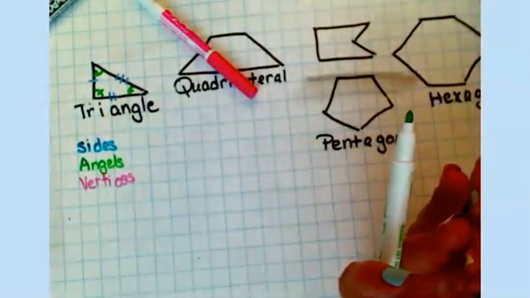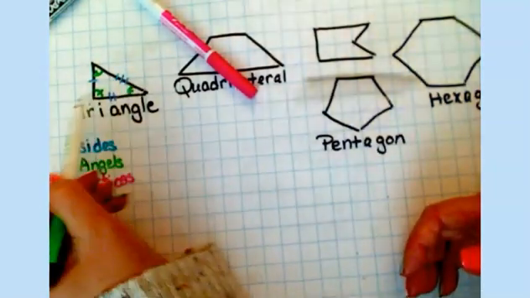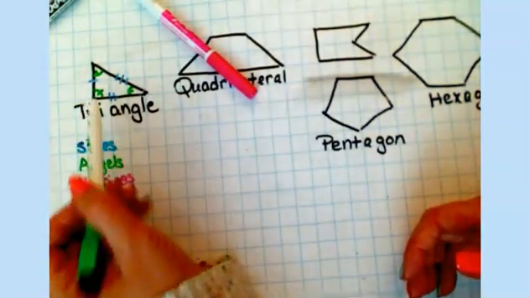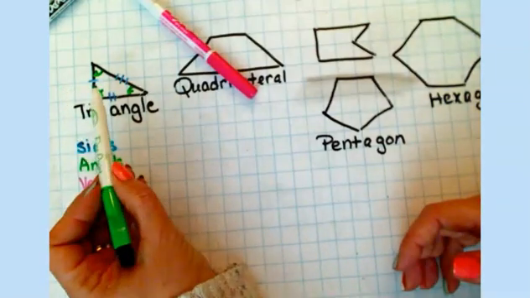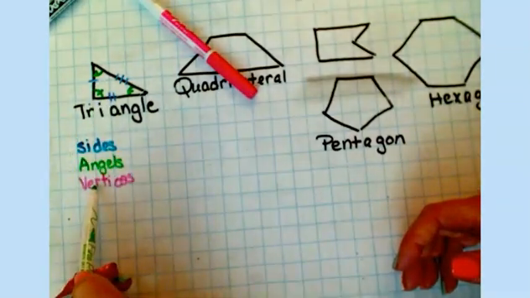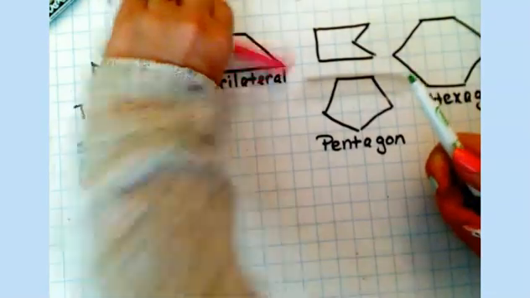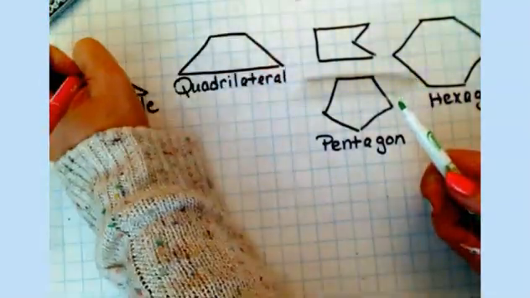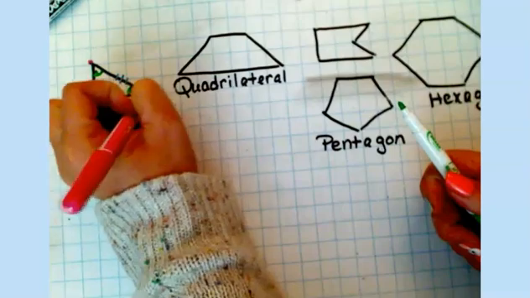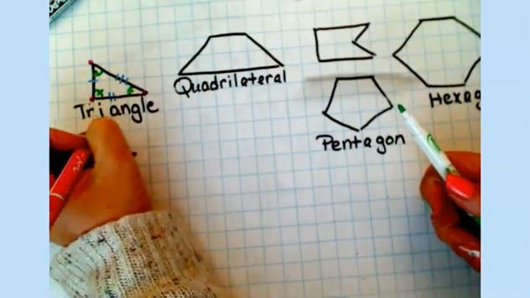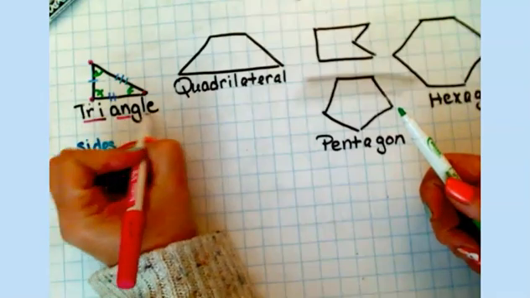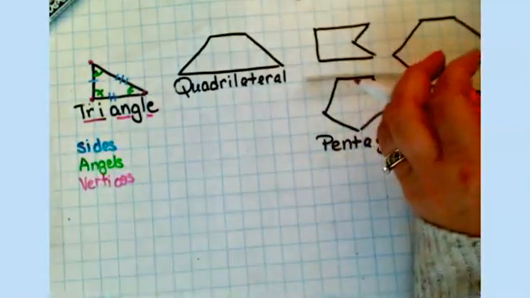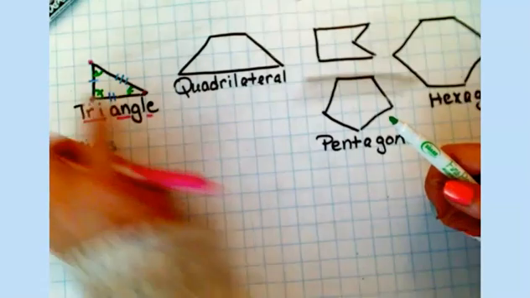So I know that this is a polygon because it's all closed in, and it has 3 sides, more than 2 sides, and it has 3 angles. So the vertices again are these points right here, 1, 2, 3. So this triangle, which has the root word tri for 3 and angle, isn't that interesting? It has 3 angles, and that's why it's called a triangle.